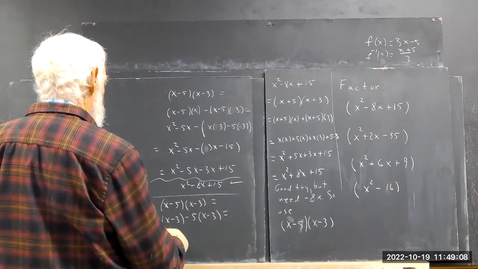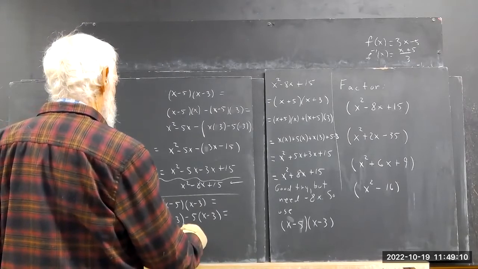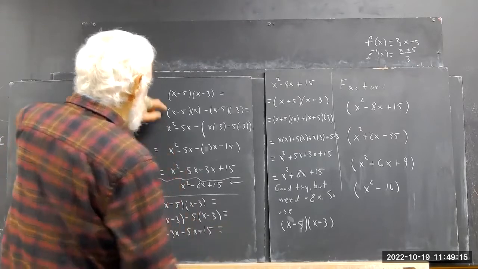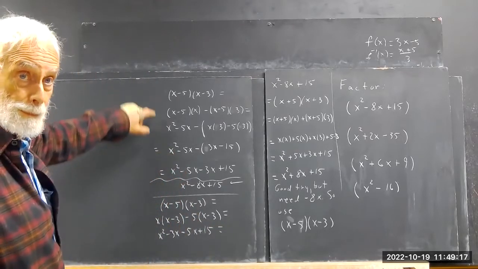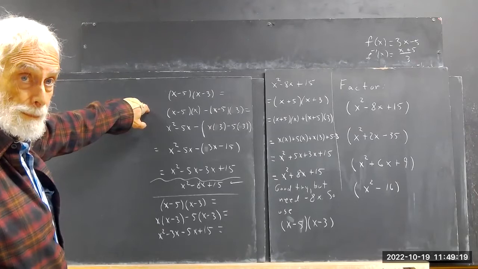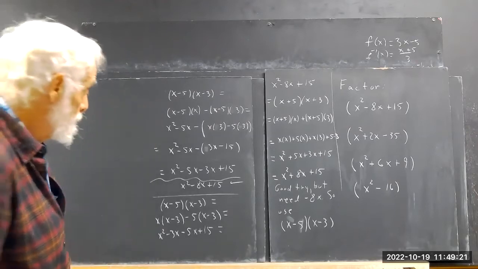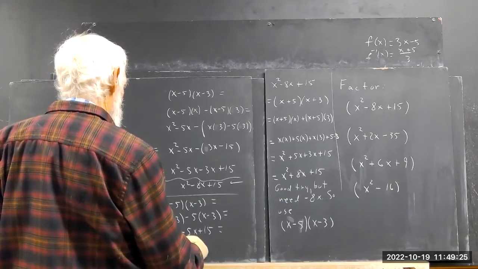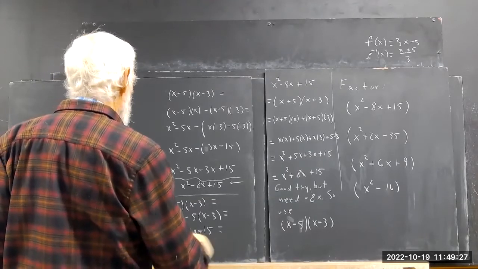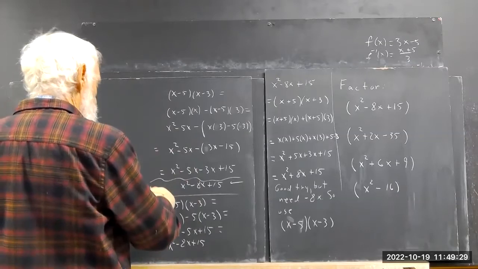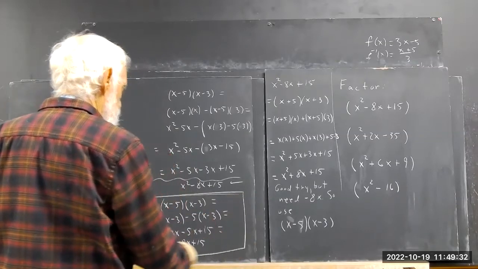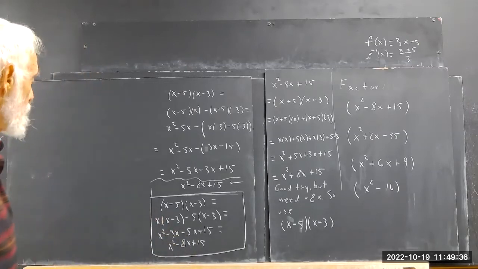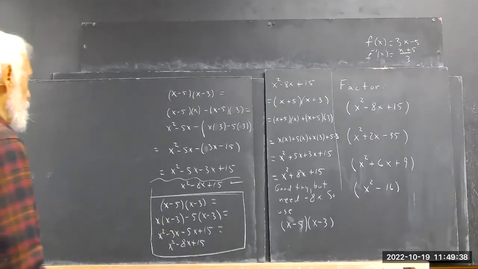That gives us x squared minus 3x minus 5x plus 15 directly. So this is the way I might want to write it out. Okay.